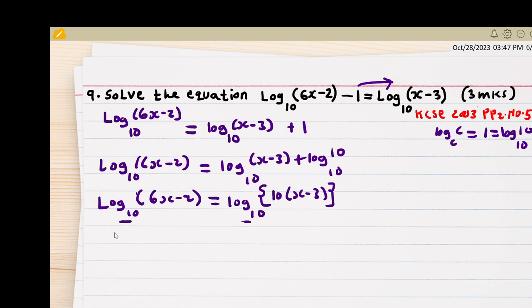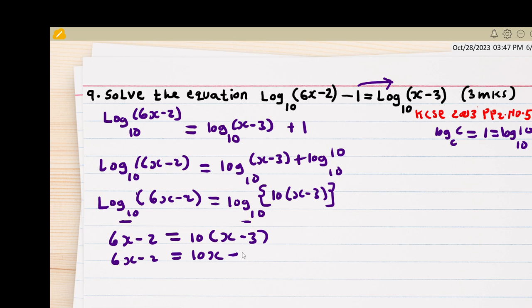So if I drop log to base 10, I'll remain with 6x minus 2 being equal to 10 into (x minus 3). So this is 6x minus 2 being equal to 10x, then minus 10 by 3, I'm going to get negative 30.